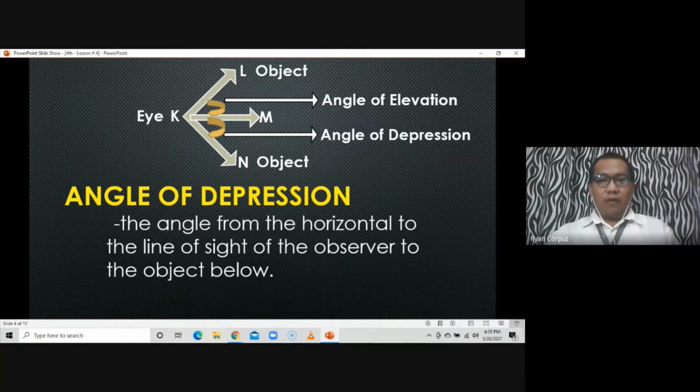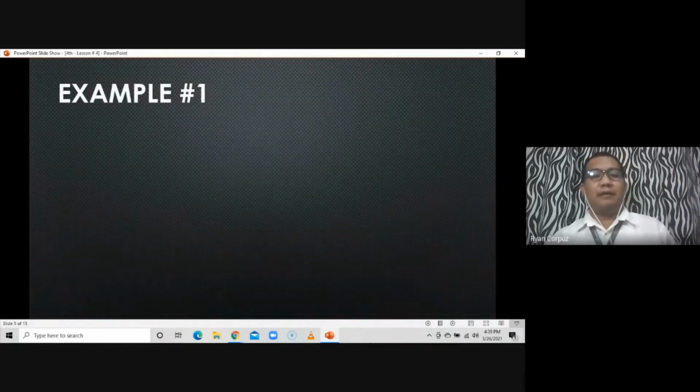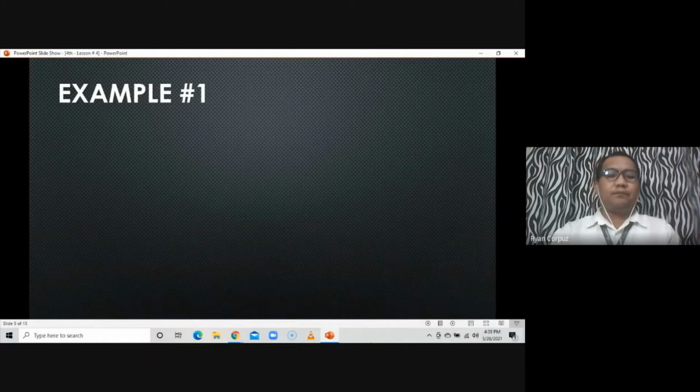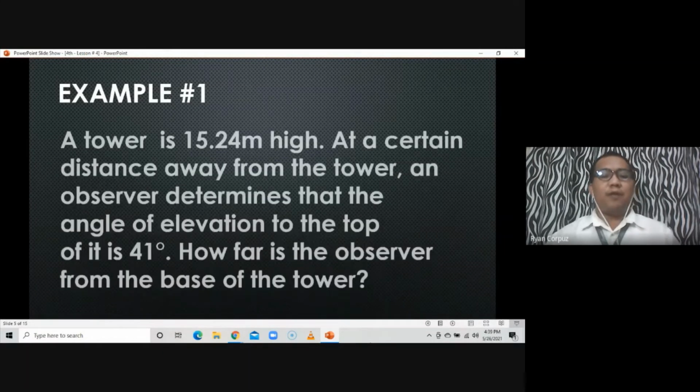Now, let's apply those trigonometric ratios in order for us to solve angle of elevation and angle of depression. So let's have this example number 1. So in example number 1, let me read first the problem.